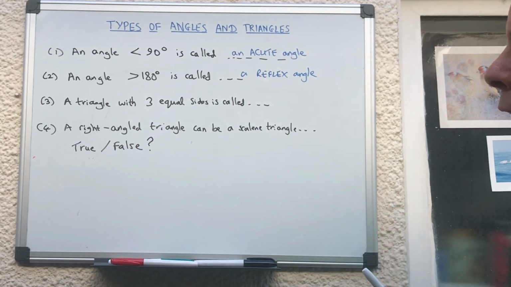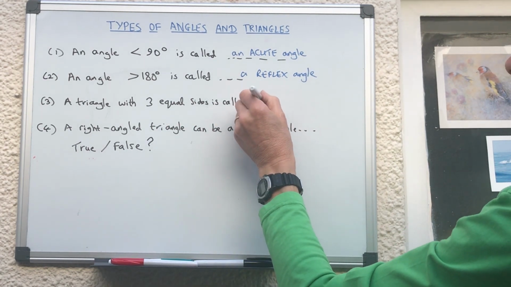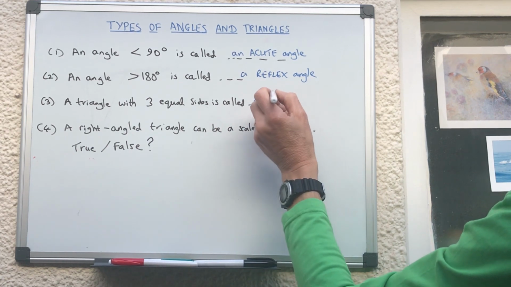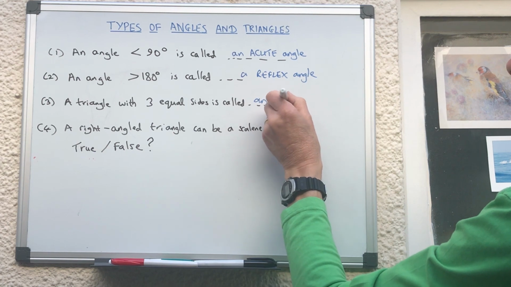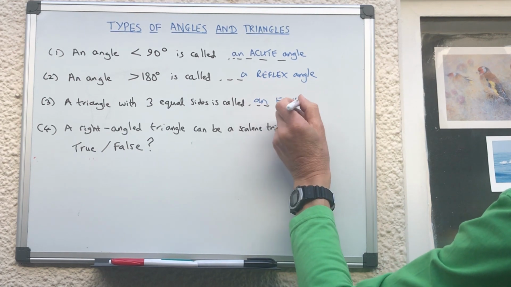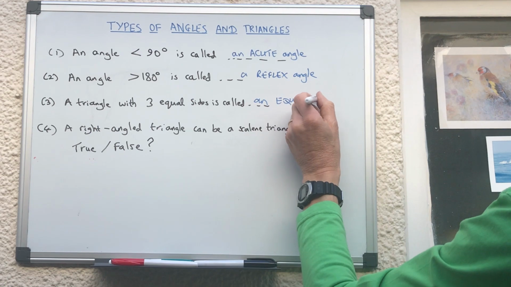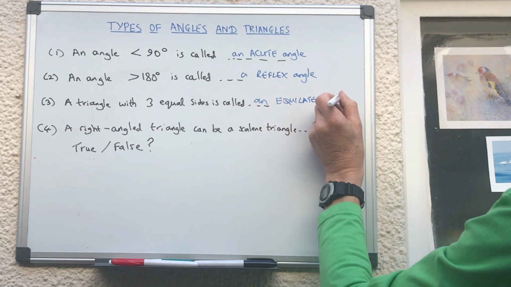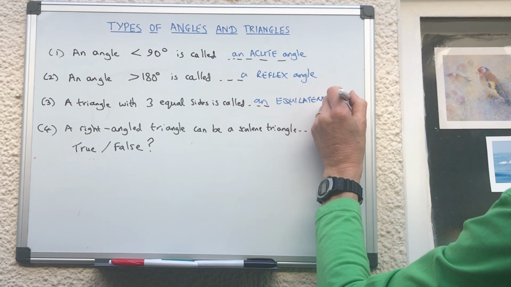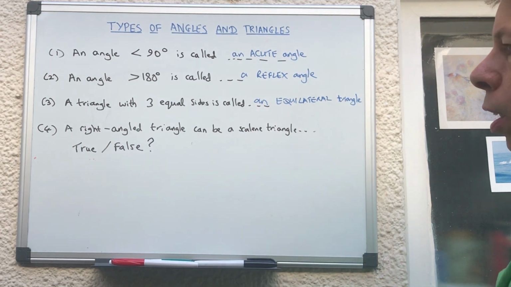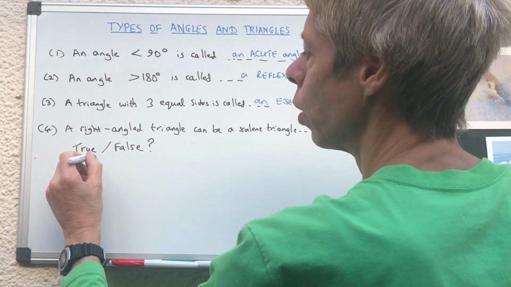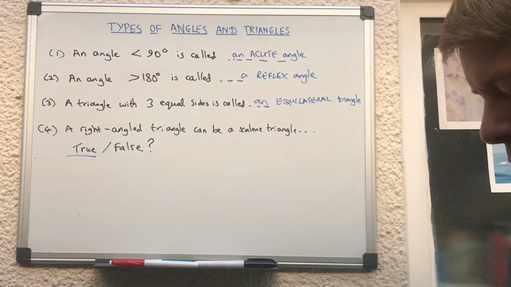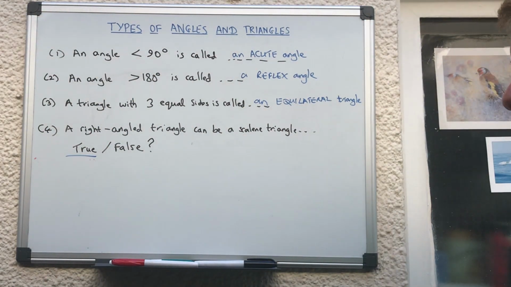A triangle with 3 equal sides is called an equilateral triangle, equi meaning equal. And lastly, a right angled triangle can be a scaling triangle. Yes, it can. It could also be an isosceles triangle.